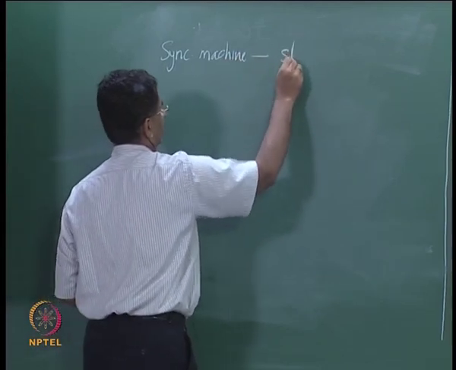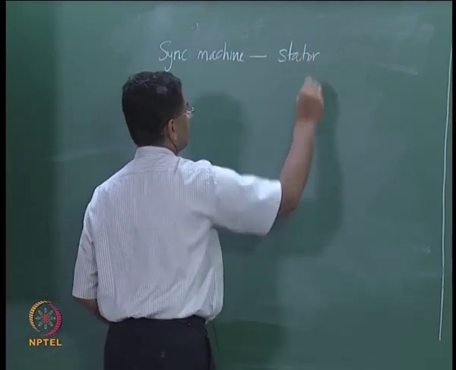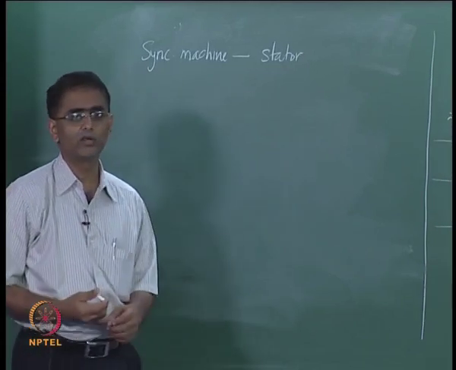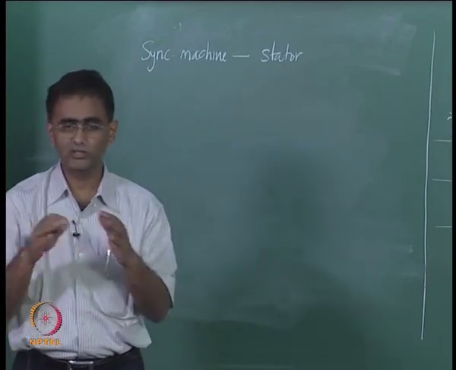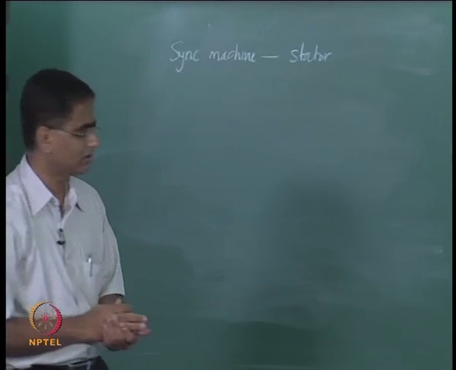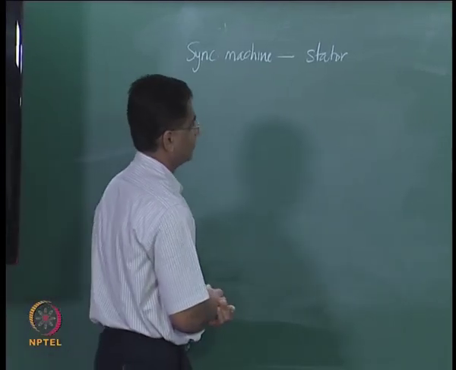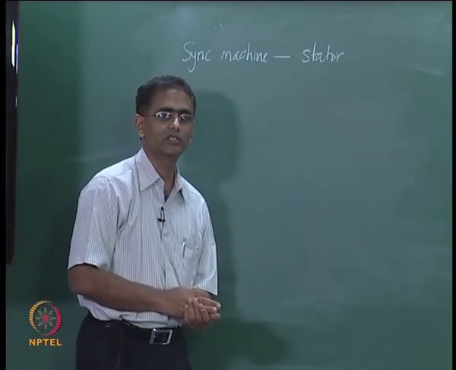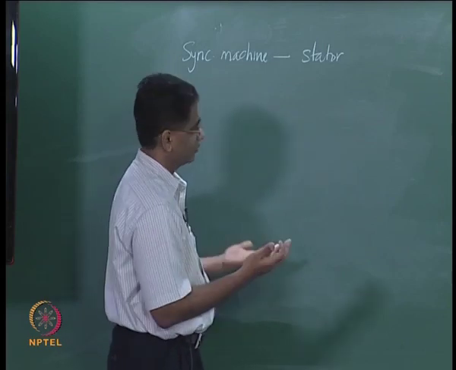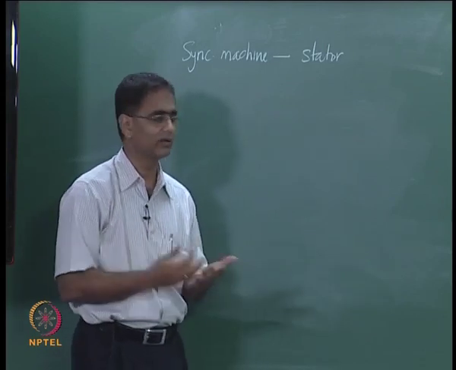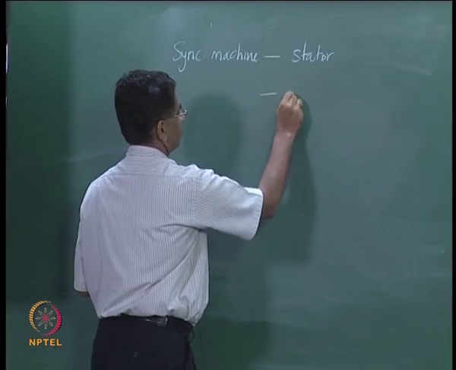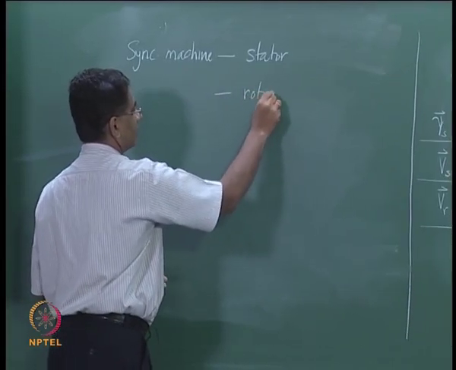The stator of the synchronous machine is very much similar to that of an induction machine, where it has a 3-phase distributed winding on the stator. So there is not much of difference between an induction machine stator and a synchronous machine stator in the idea, but as far as the rotor is concerned, it is quite different.